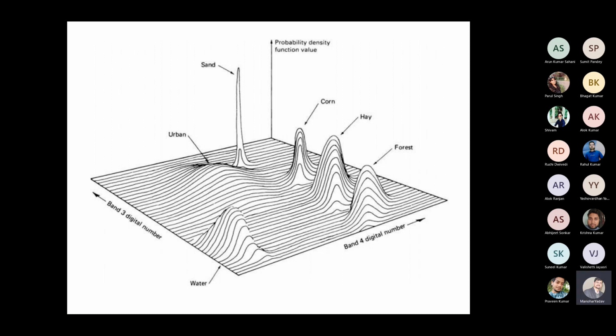If I consider only vegetation, and let's say 50 pixels are collected from vegetation, we'll see them in bands B3 and B4.